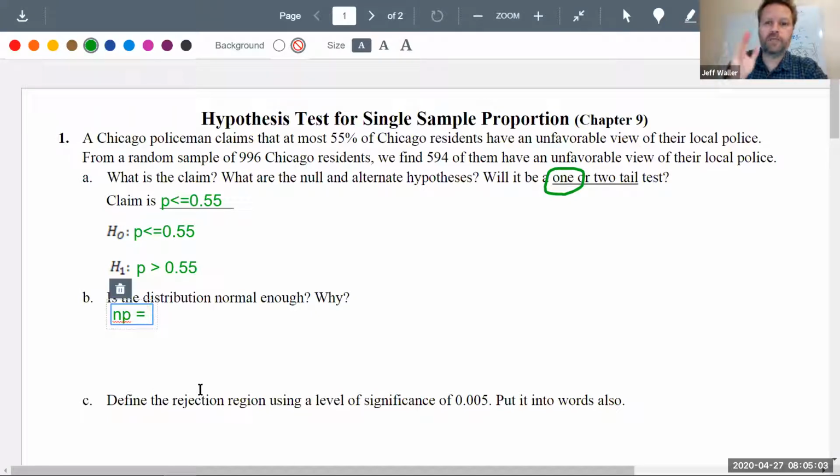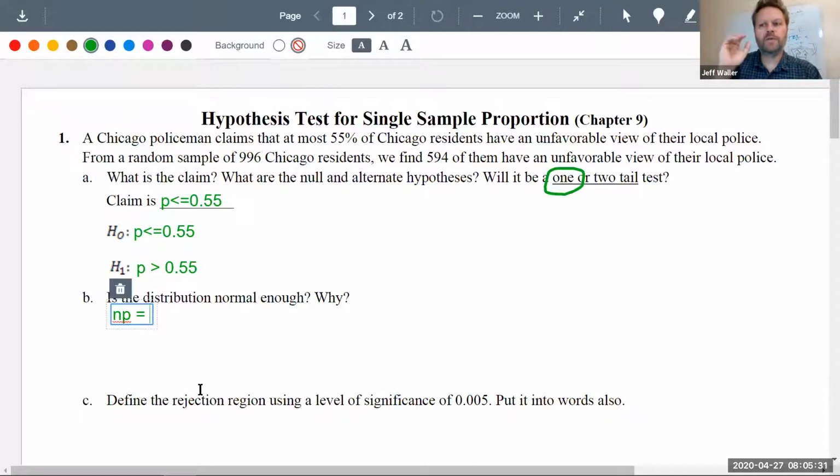That's a weird statement, but in this problem, what are we assuming P to be? What are we assuming the real percentage to be? What do we always assume in hypothesis tests? We assume that the number from the claim, the number from the H0, is correct. We assume that P is 0.55.